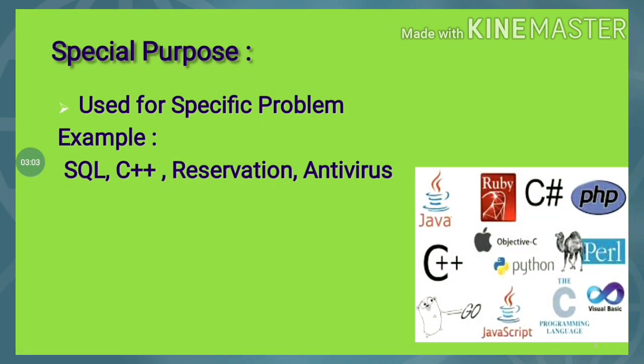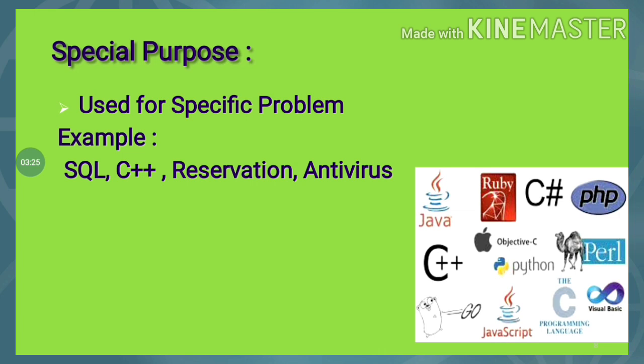Next, special purpose software is used for specific problems, not for general use. It is used specifically for a particular reason. Examples: SQL, C++, reservation system, antivirus system.